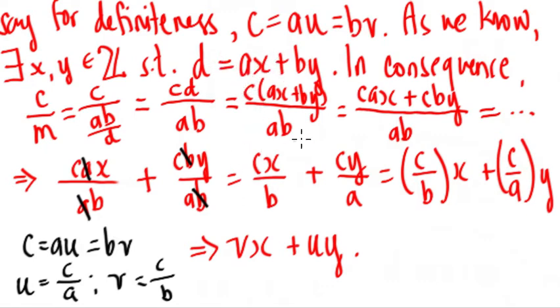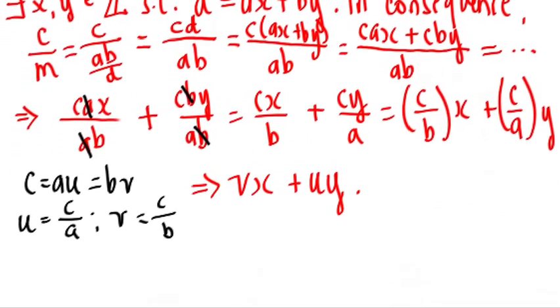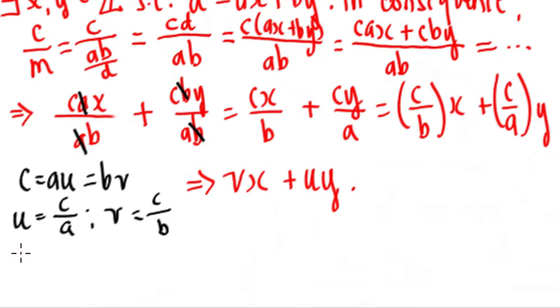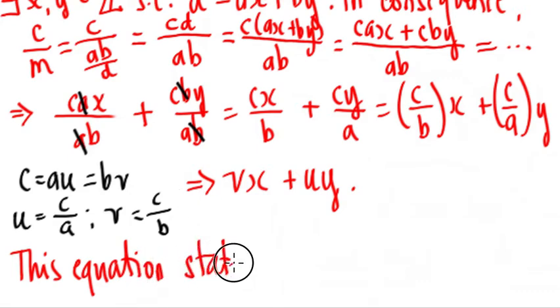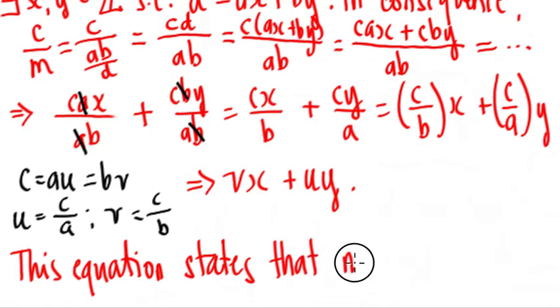Since it's GCD, this equation states that M is a factor of C, because it ends up in a greatest common divisor form.